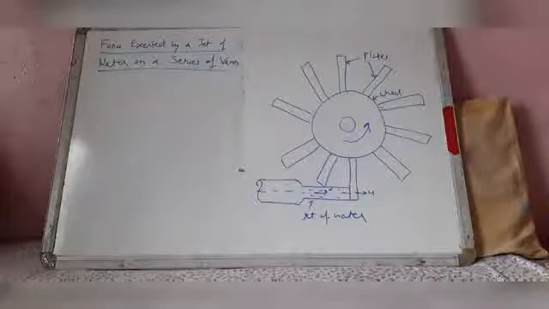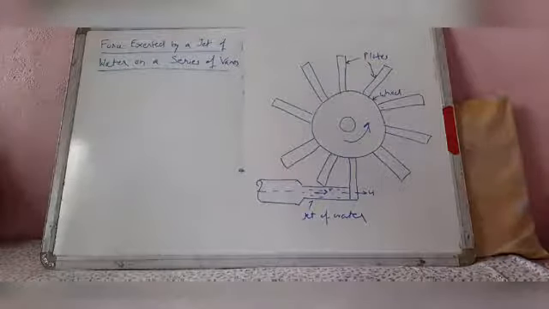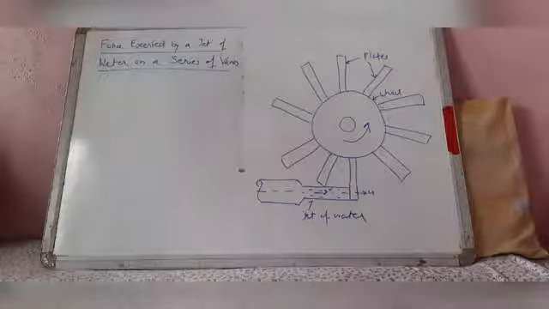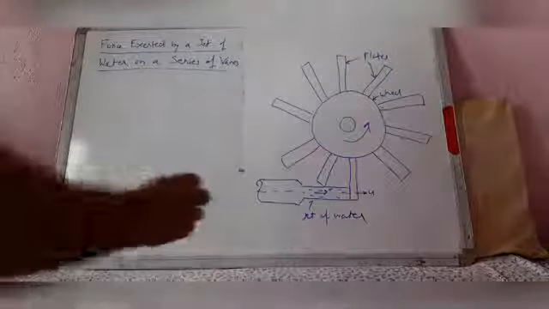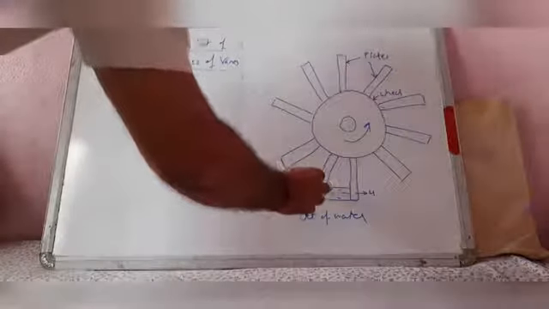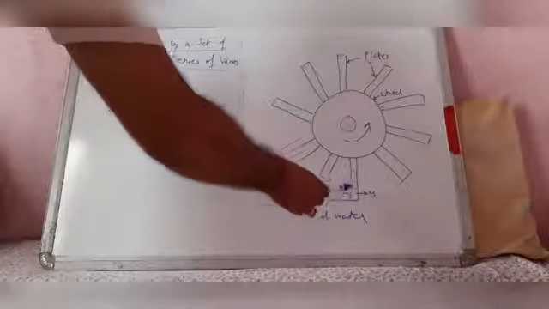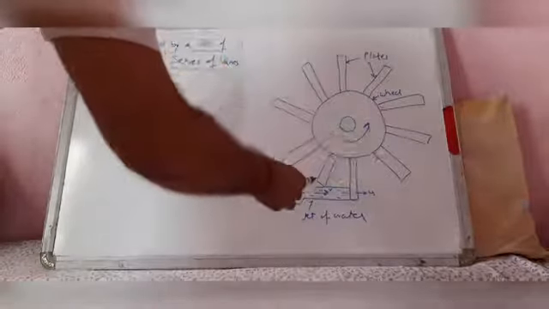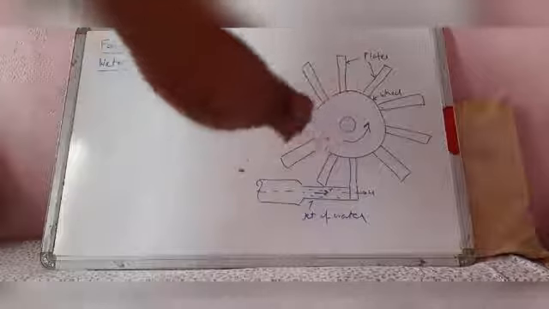Thus, each plate appears successively before the jet, and the jet exerts force on each plate. Here, the wheel moves at a constant speed. This is the jet, coming with a velocity v, and it strikes the plate, the plate moves with a velocity u, and then the next plate appears in front of the jet, and by this the wheel is moving.